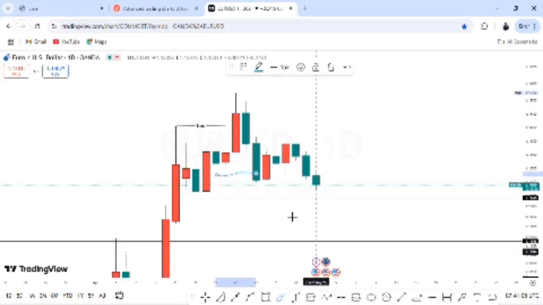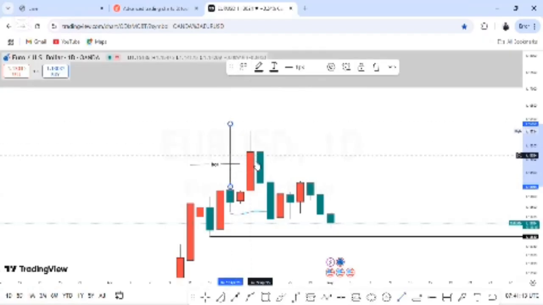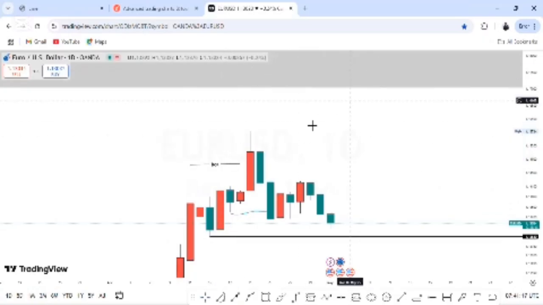In case this weak rejection of this structure didn't close this structure, we will consider this as what? As invalidation. But as long as the weak rejection of this structure here closes or breaks out, we will consider this as an invalidation, because also the body close of this is above this previous body closure.